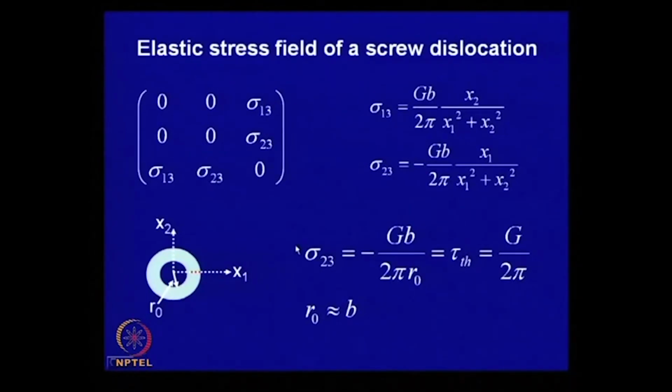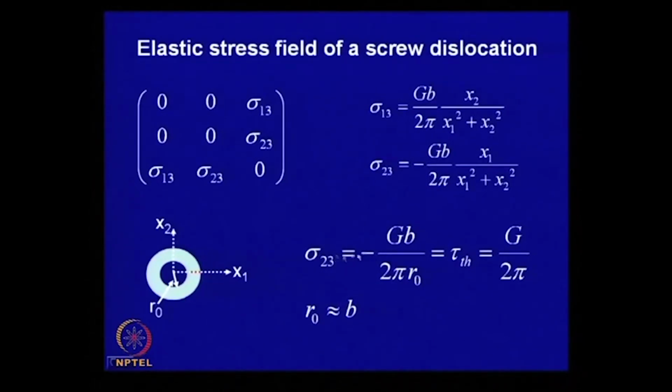This also explains why vacancies do not interact with a screw dislocation, because if you create a lattice vacancy, around the vacancy there is a volume change, and here you see that there is no volume change. Therefore, there is no volume strain here, so a screw dislocation cannot interact with a vacancy.